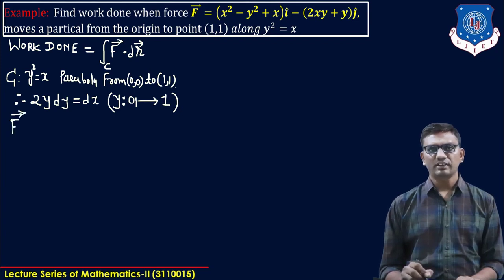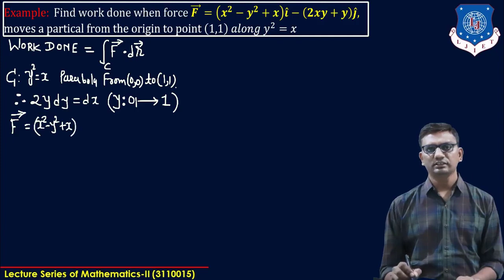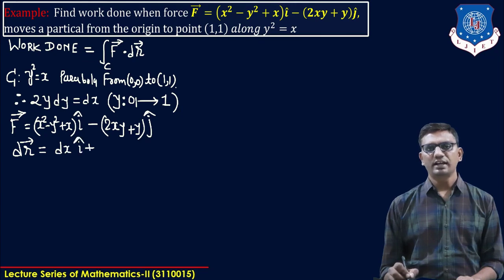Now f bar equal to x square minus y square plus x i caret minus 2xy plus y j caret, and dr bar is dx i caret plus dy j caret plus dz k caret.